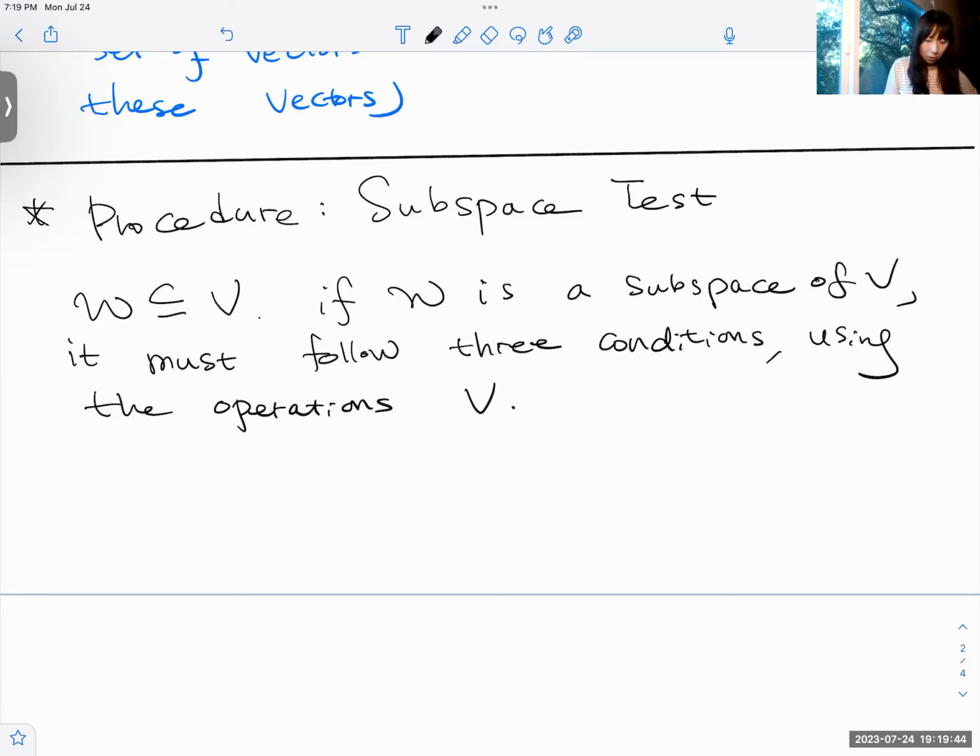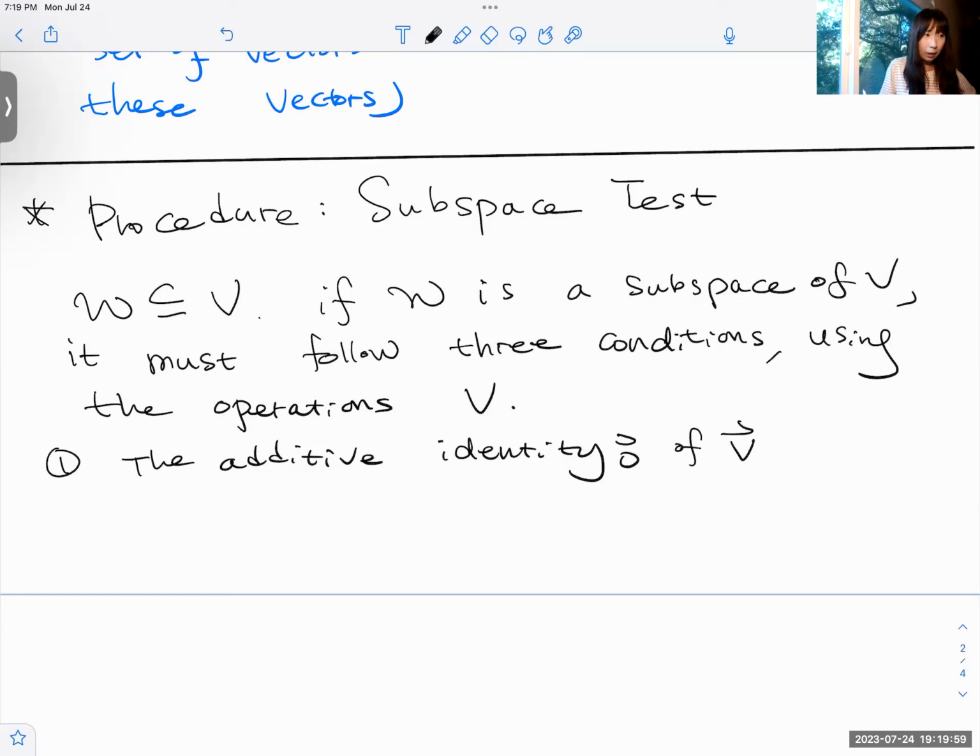So the additive identity, the zero vector of V, is contained in W. So we can say that 0 is in W, right?